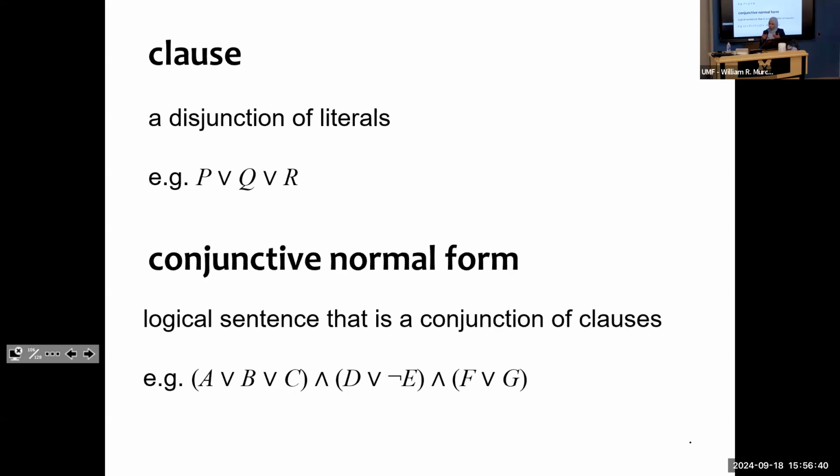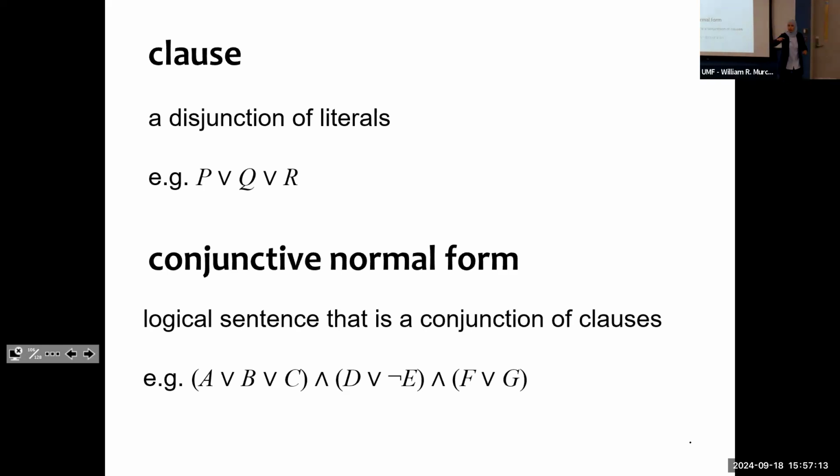Means I am going to have, for example, my sentence representing different boxes, I would say, that are connected via and. This and this and this. If I dive into each this, there is a set of possibilities, this or this or this or this, okay? So this is a clause.